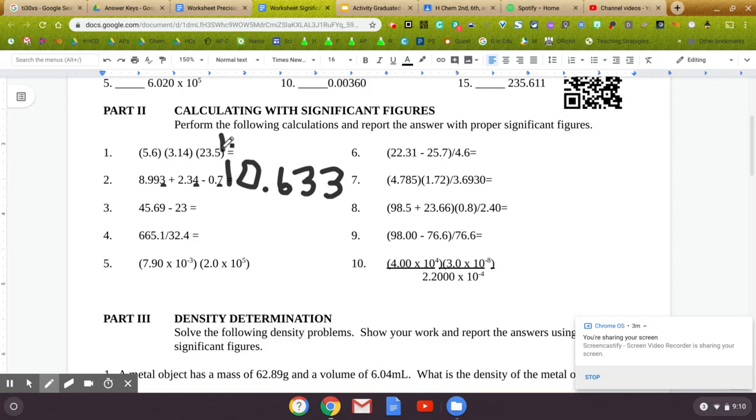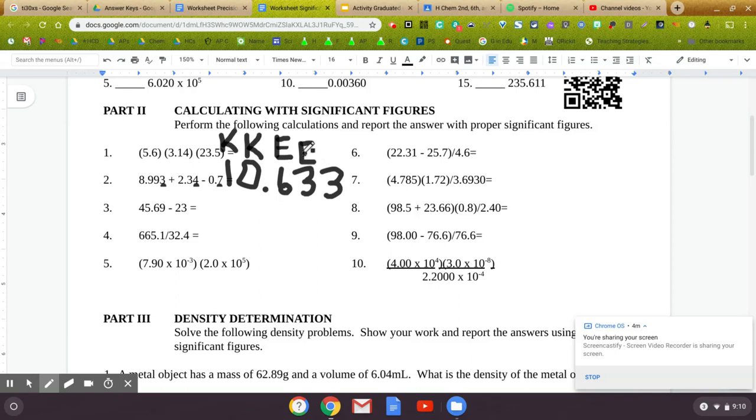Additionally, if you think about this, I knew this number, but then I start getting into estimations because this was an estimate in the 0.7 number, and this 4 was an estimate in the 2.34.